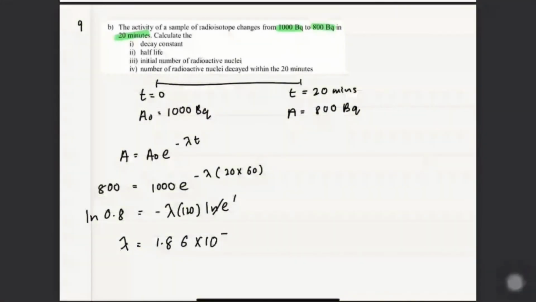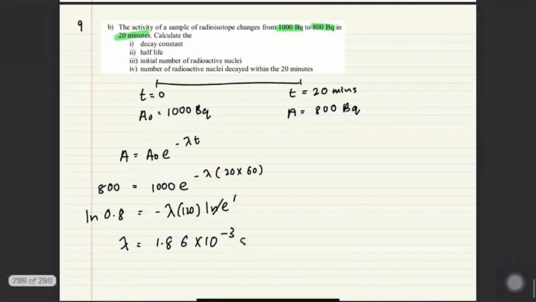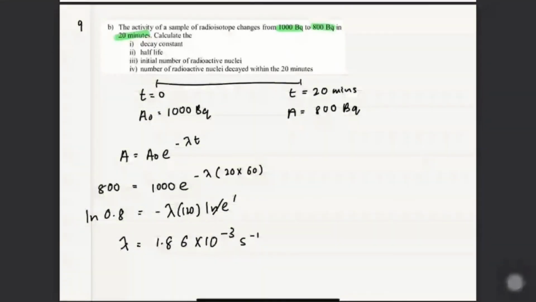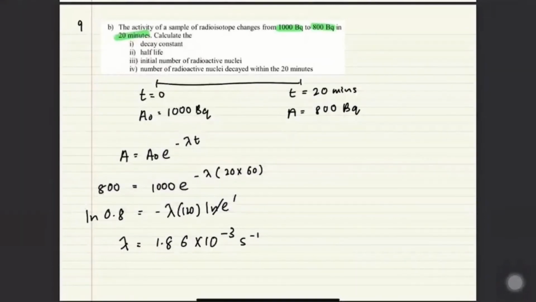Times 10 to the negative 4. Understand? Unit dia apa? Per second. Okay. By the way, kamu dapat jawapan sama dengan saya ke tidak? Kamu try tekan sendiri kan?